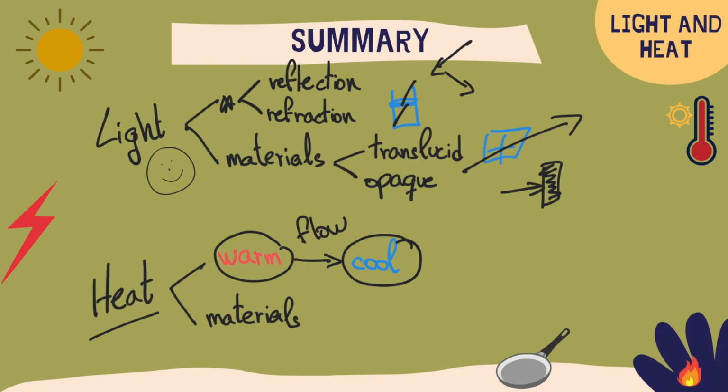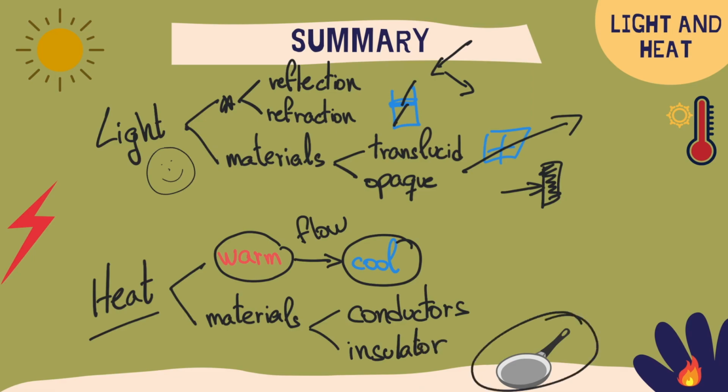And regarding materials, we have thermal conductors that make it easier for the heat to transfer from one object to another, and thermal insulators. And in this example, this part is the conductor and the handle is the insulator.